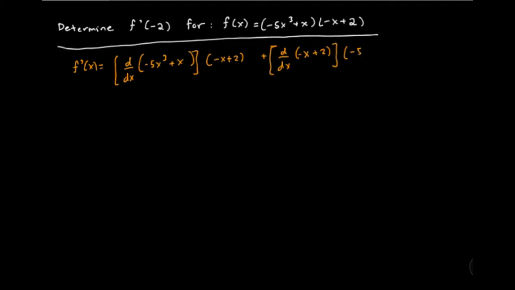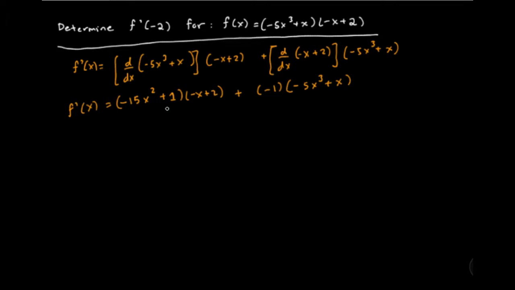Times negative 5x cubed plus x. Okay, in my next line I'm going to simplify and find the derivative of each of these. So the derivative of negative 5x cubed: you do 3 times negative 5, so negative 15x squared, plus 1, times negative x plus 2, plus the derivative of negative x plus 2, which is negative 1, times negative 5x cubed plus x.